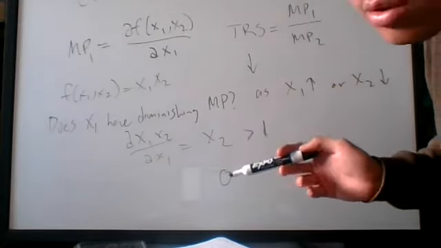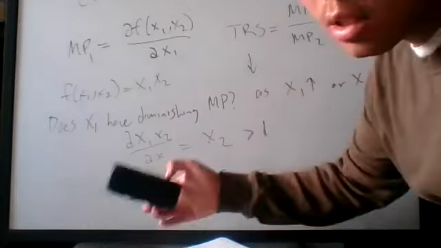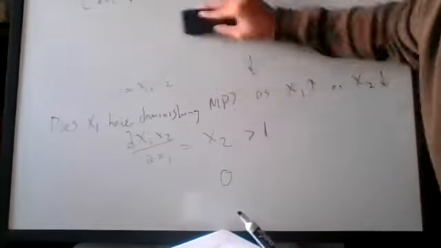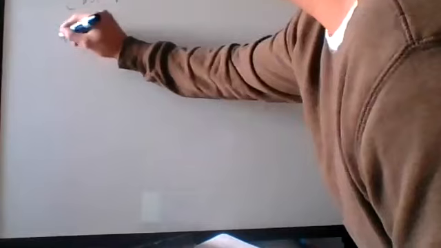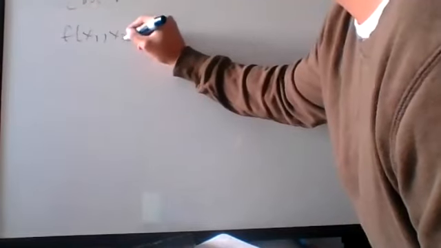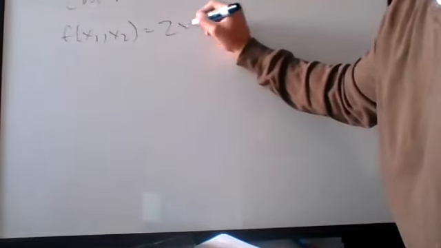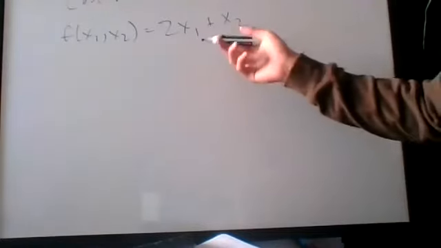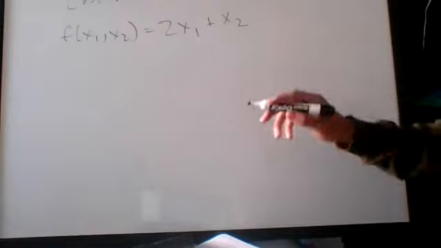And so let's go to Becky's question about a perfect substitutes example of cost minimization. So if we have, let's say, f of x1, x2 equal to 2x1 plus x2, right? This is a perfect substitutes question.